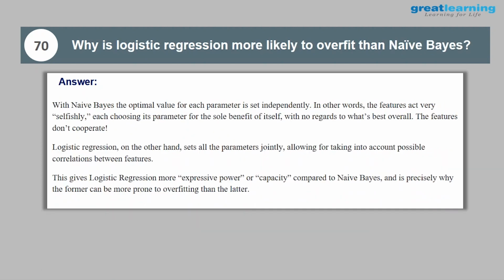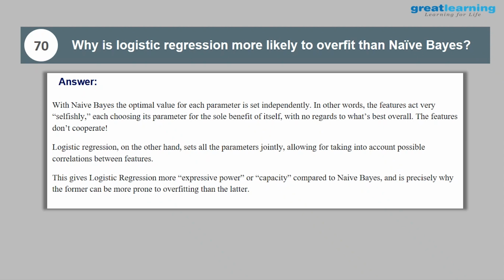Now let's have a look at, why is logistic regression more likely to overfit than naive Bayes? With naive Bayes, the optimal value for each parameter is set independently. In other words, the features act very selfishly, each choosing its parameter for the sole benefit of itself, with no regard to what's best overall.